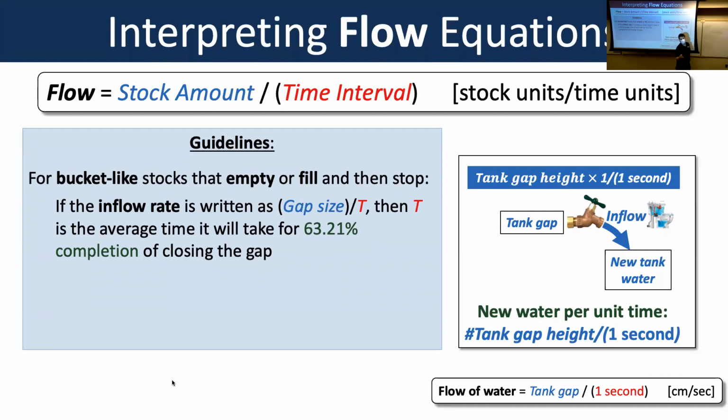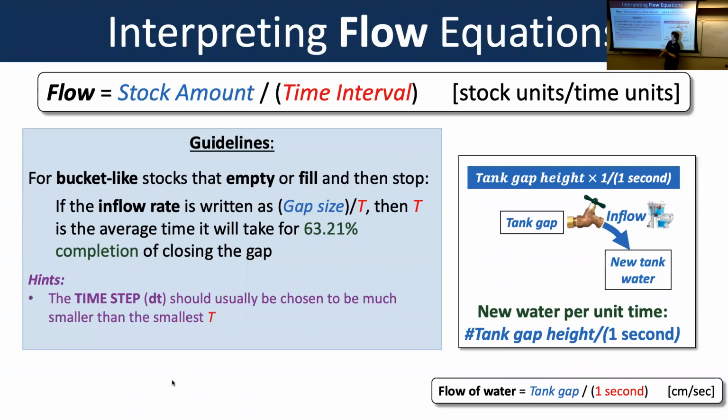That seems like a weird number, right? 63.21%. It relates to the number e to the -1. I think I showed you that the toilet tank curve was proportional to 1 minus e to the -t. And so this T is frequently called a time constant.